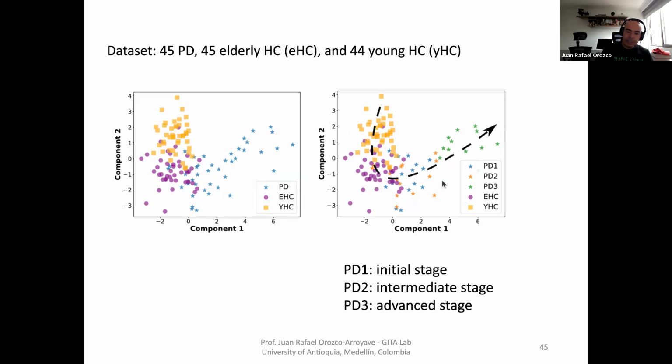They are more spread because the corpus is not completely separated into initial, intermediate, and advanced stages. And these green stars are the more advanced patients. So there is some way of evaluating whether or how the disease is progressing using gait signals.